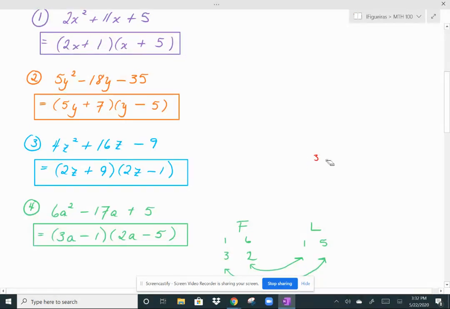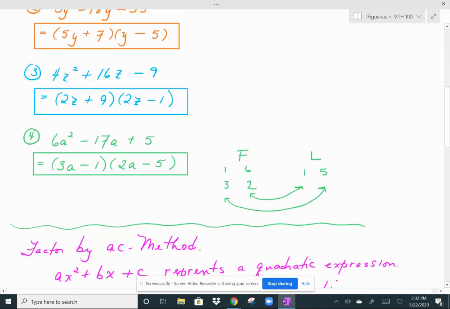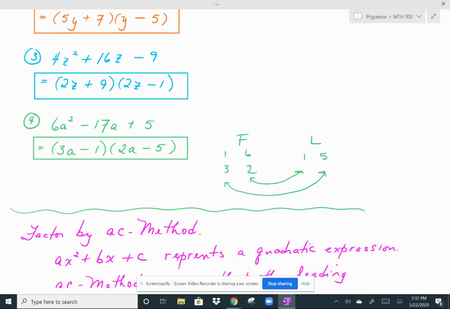So here's another one that I showed you a little bit more of the work on the side. So I have 6a squared minus 17a plus 5. Remember, in the first position, you're either going to use 1 and 6 or 3 and 2. And in the last position, you're going to need 1 and 5, and they definitely will both be negative.